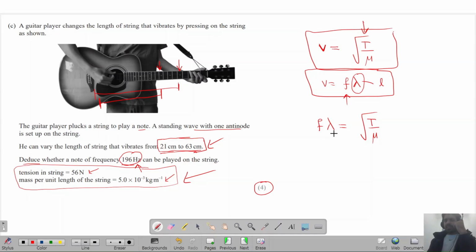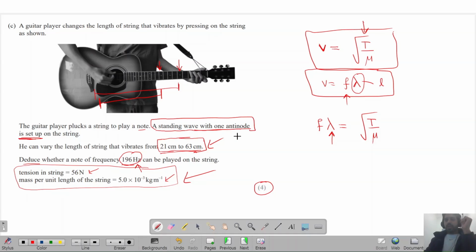Now the next thing we need is this wavelength, right? Some way we can get some information about this wavelength. And now comes the important point, this keyword: a standing wave with one antinode is set up on the string. What does that tell you about wavelength lambda?